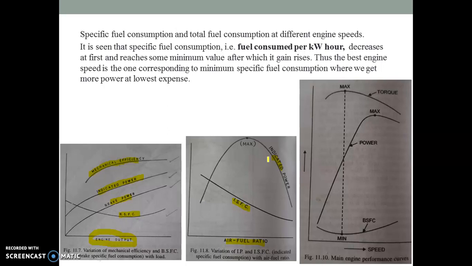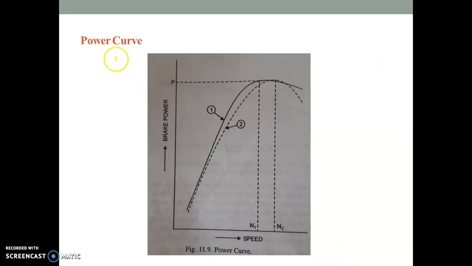Then let's discuss the power curve first. Brake power versus speed is mentioned, meaning how brake power varies with the variation of the speed. It shows the variation of engine brake power with the engine speed.